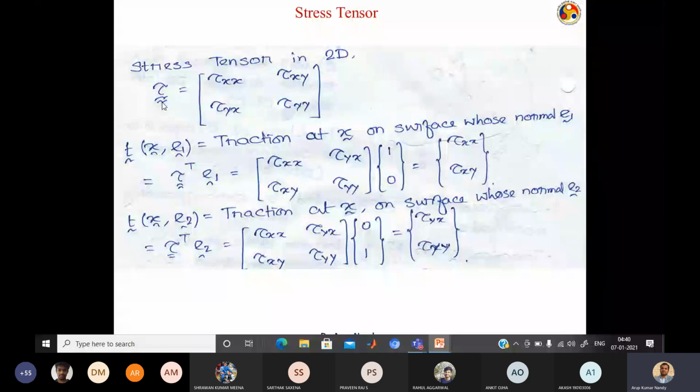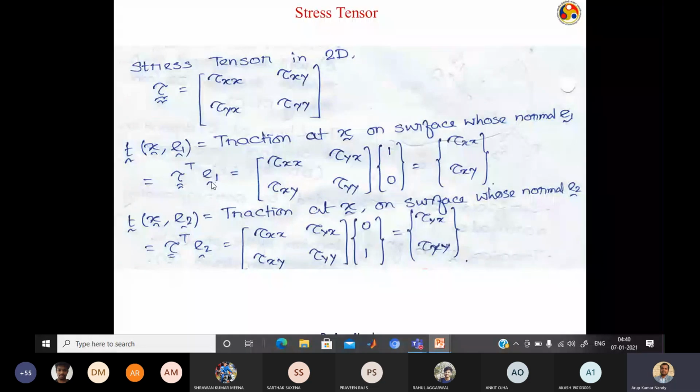Whenever there are two tildes, then it is a tensor. So this is a second order tensor in 2D. Now here you can see we can get the traction vector from this relation T equal to tau transpose n.